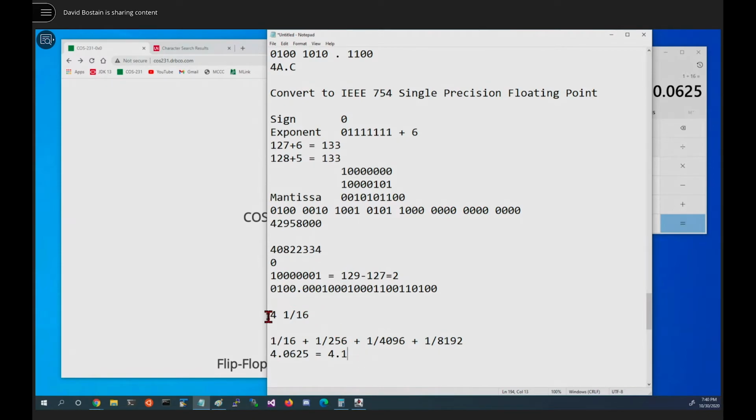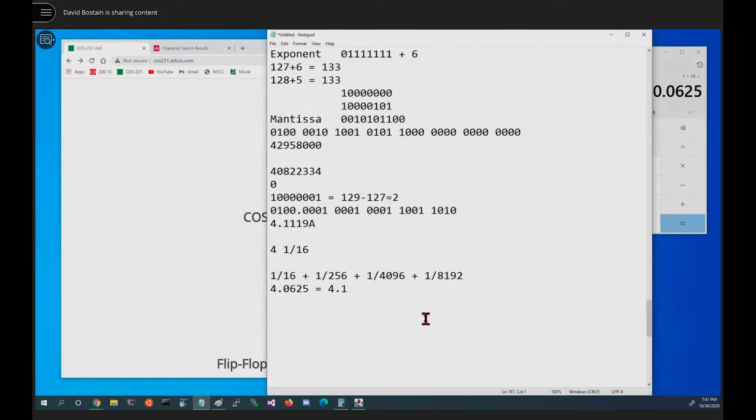And of course, if we were told to put the answer in hex, that's easy at this point, right? We would just make sure we have sets of 4. 4.1119A would be the answer in hexadecimal.